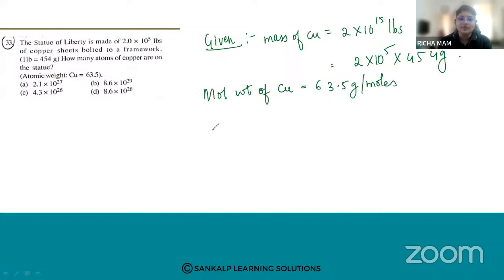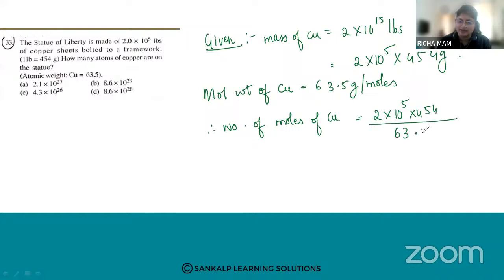Then we'll calculate the number of moles of copper. Number of moles of copper is calculated as the given weight upon the molecular weight. Given weight is 2 into 10 raised to 5 into 454, divided by 63.5.